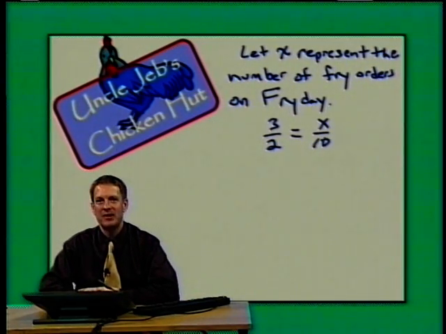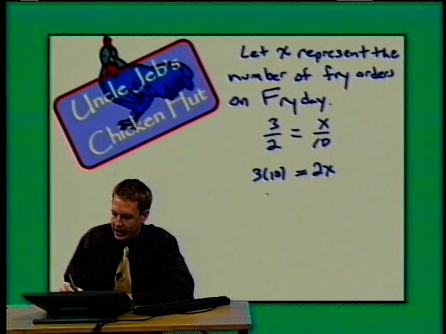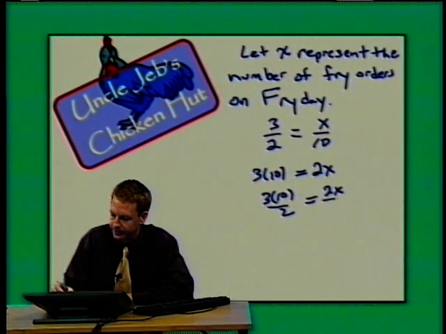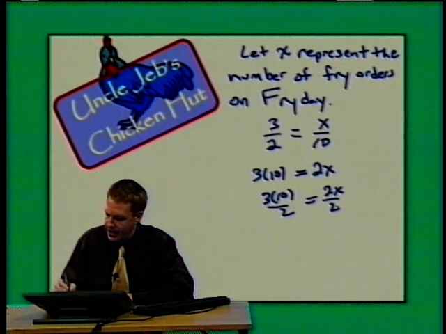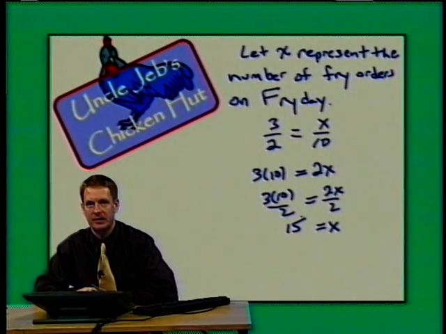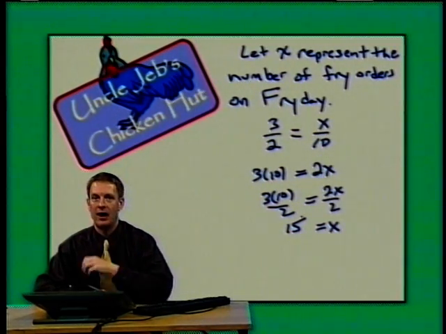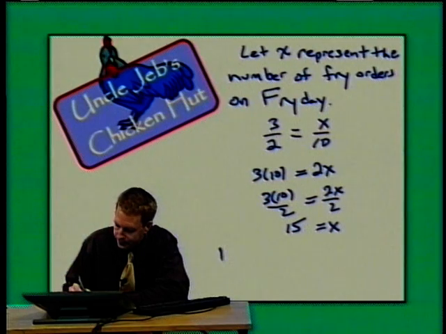I can use my principle of cross multiplication, which tells me that 3 times 10 equals 2 times x. I can divide both sides of the equation by 2. And that gives me that x equals 15, which is what I figured out with my pictures the first time I encountered this problem. And I also know that 15 over 10 does reduce to 3 over 2. So this solution is good to go.